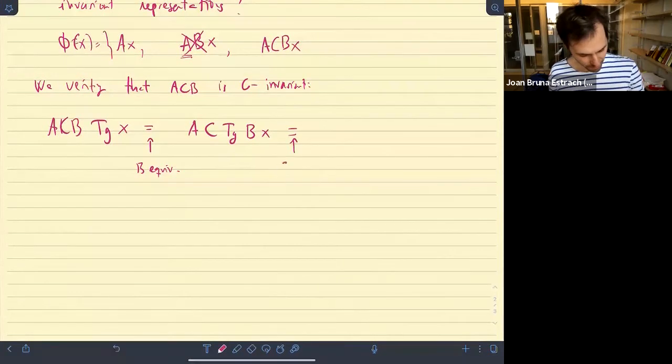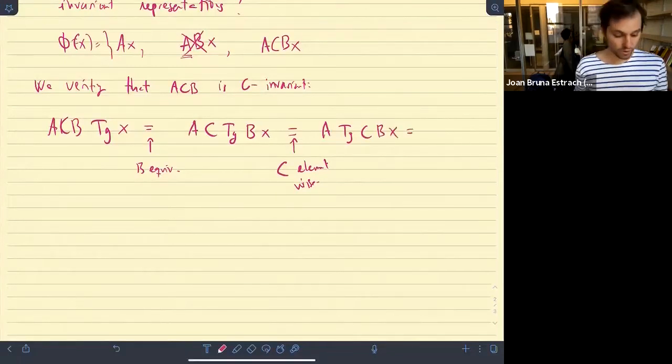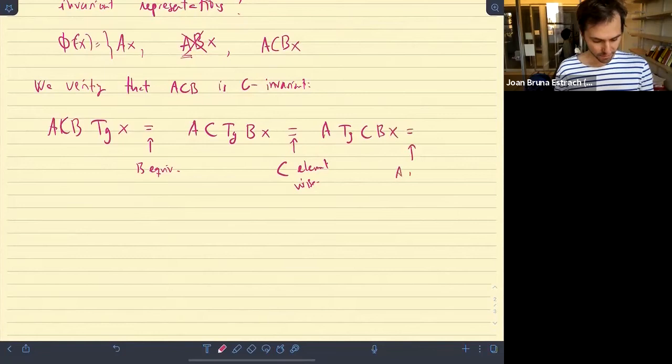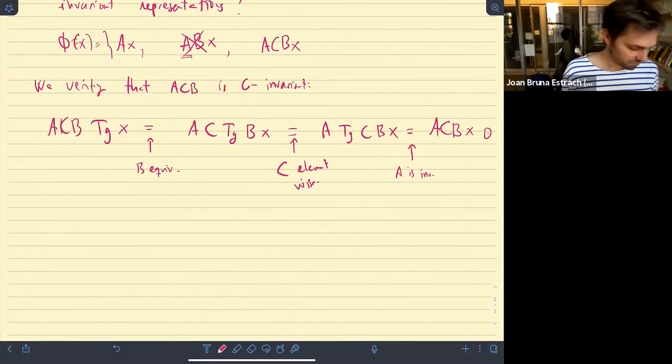Yeah, of course you get the same thing, because this is element-wise. You get A, DG, C, and B. And now we can use the fact that A is invariant, so you get the same as A, C, B of X. So this is indeed a very natural way to construct more invariants.